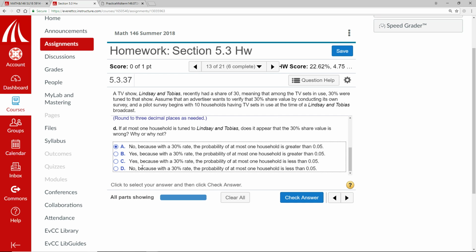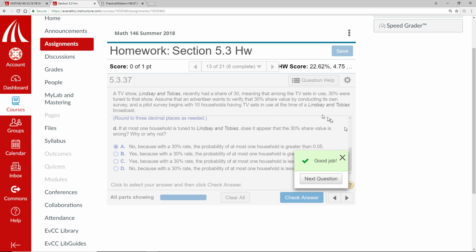This is such a tricky question. Does it appear that the 30% share value is wrong? Well, it is still greater than 5%, so I'm going to go with this.